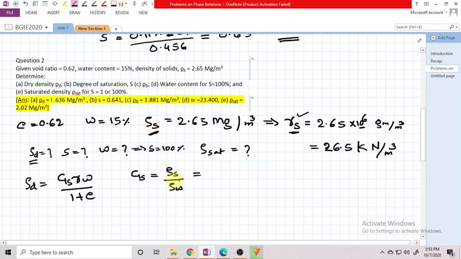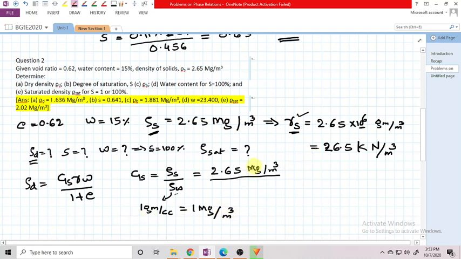What is the density of solids? That is 2.65 megagram per meter cube, divided by the density of water, which is nothing but 1 gram per cc or 1 megagram per meter cube.